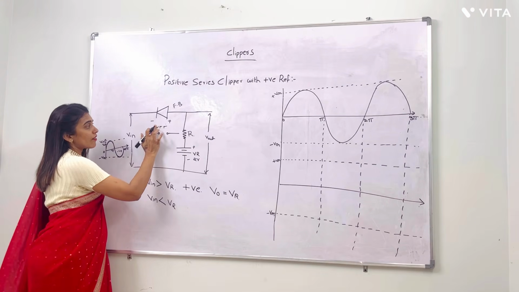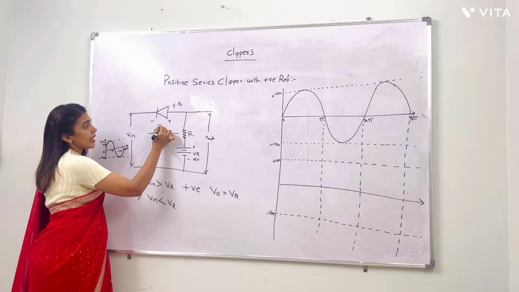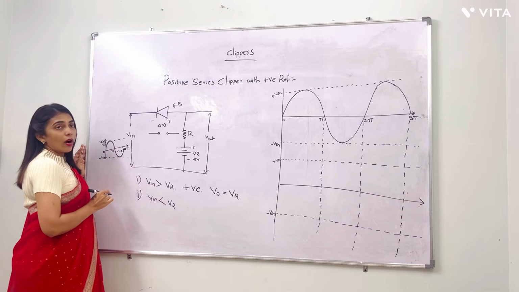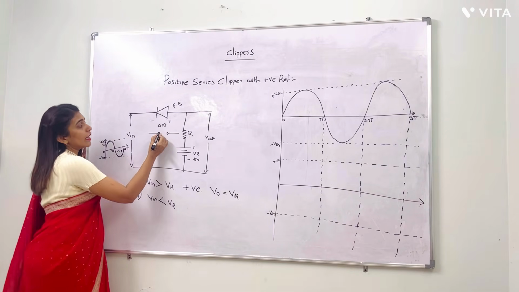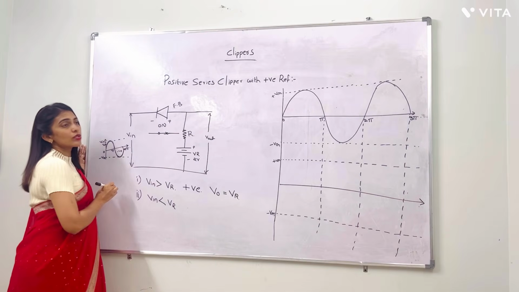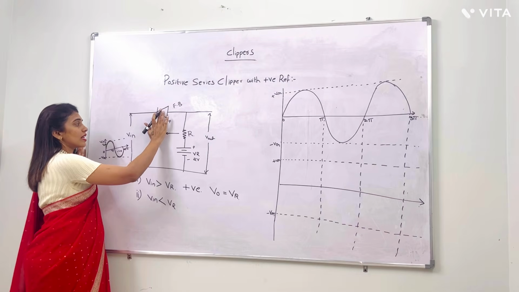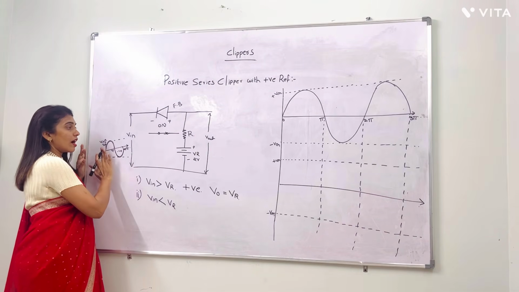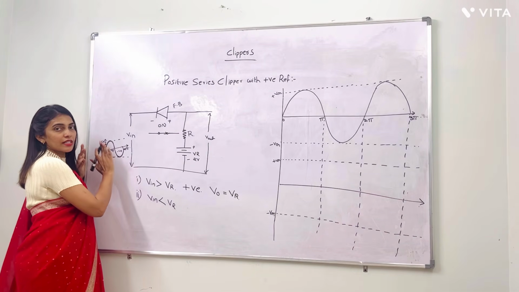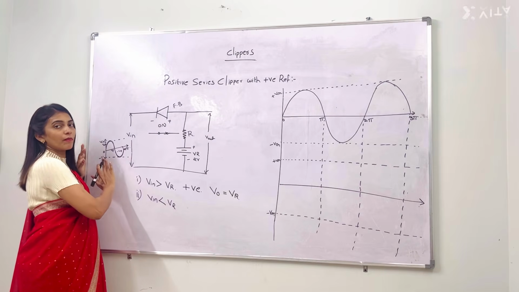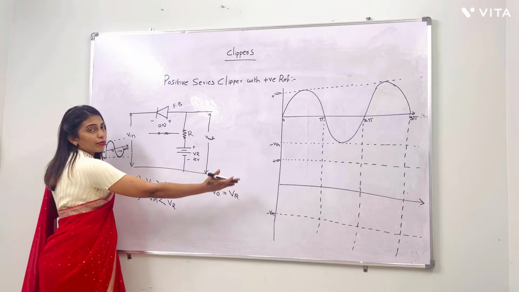When it is in forward bias, it acts like an on switch, a closed switch. When the diode is in closed switch condition, whatever input is there moves from the input side to the output side.